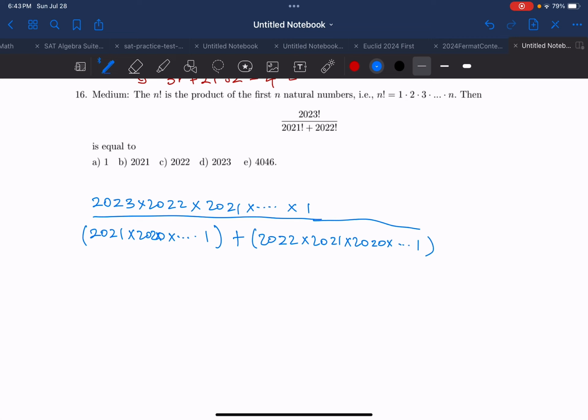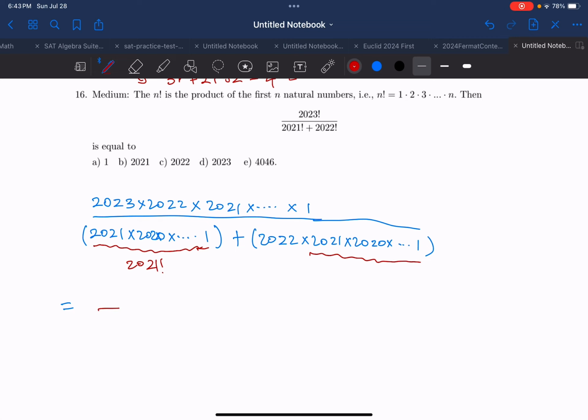So as we can see, we could actually group something to make it even simpler, because this red equation is the same thing as this red equation. And remember, this red equation is 2021 factorial.